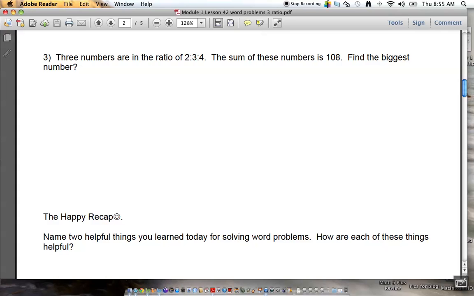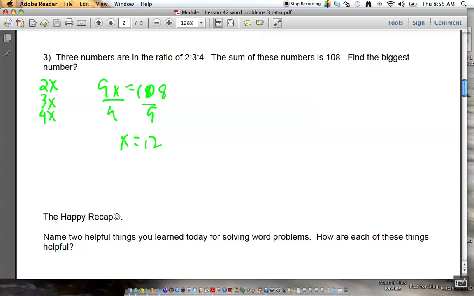Okay, three numbers are in the ratio of 2 to 3 to 4, so that's 2x, 3x, 4x. It says the sum is 108, so that's 9x is 108, divided by 9. What is x? 12. Did I answer the question? No. There's such a thing that when we find x, we're like, oh yeah, I'm done, I've got no more to do.